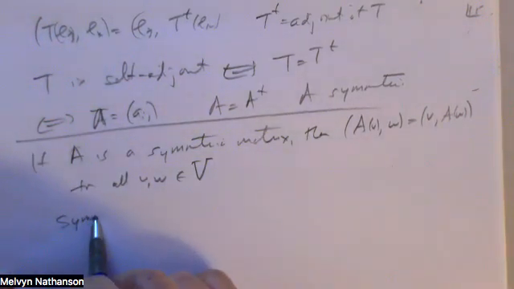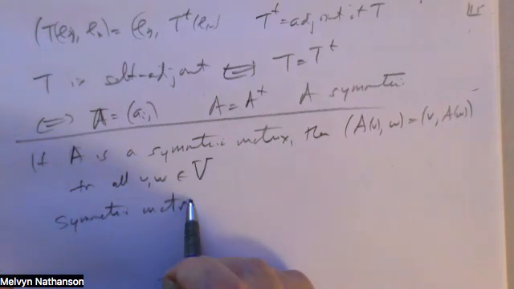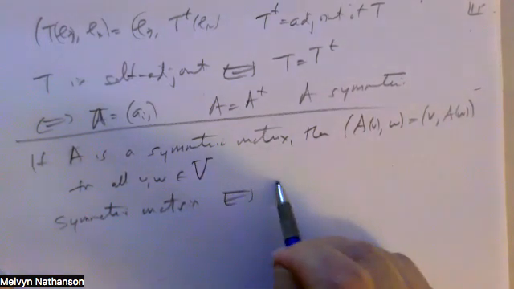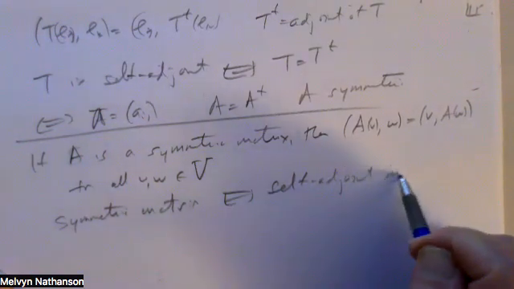So a symmetric matrix is the same as a self-adjoint matrix.